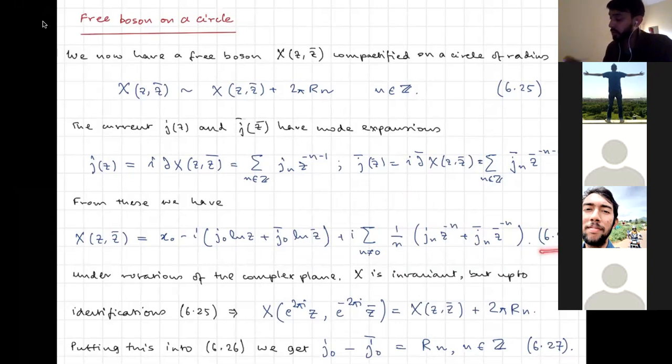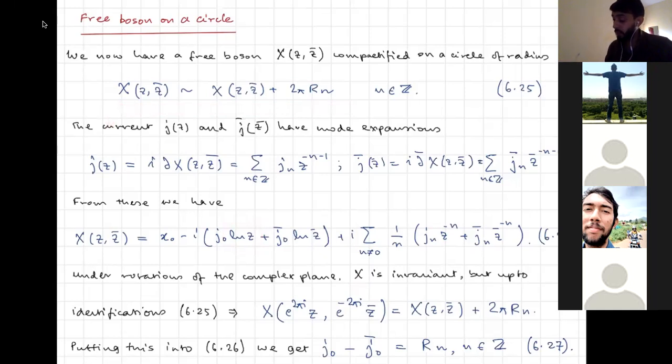This should also be familiar from the string theory point of view. We still are working on z and z bar though. Now remember that if you are to rotate the complex plane by 2 pi, X should be invariant, but it should be invariant up to these particular identifications.